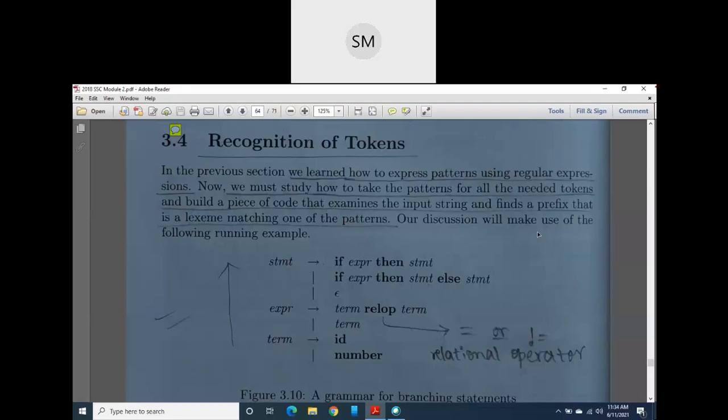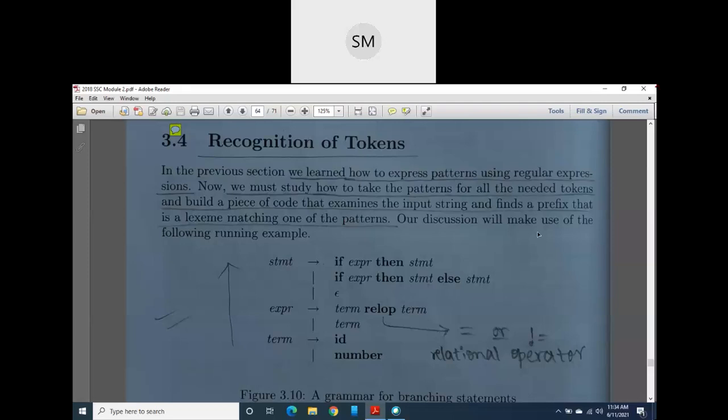The lexical analyzer or scanner takes a sequence of characters from our source program and groups them into different lexemes, and from these lexemes we can create the tokens. Tokens are for identifiers, numbers, variables, keywords, and operators.